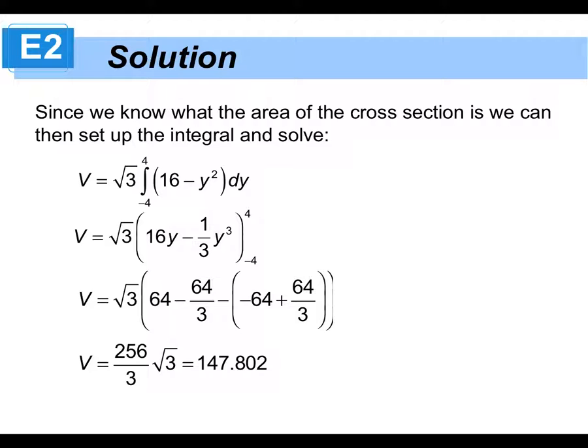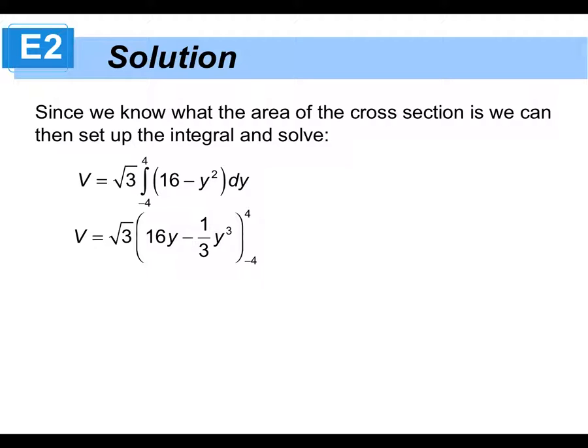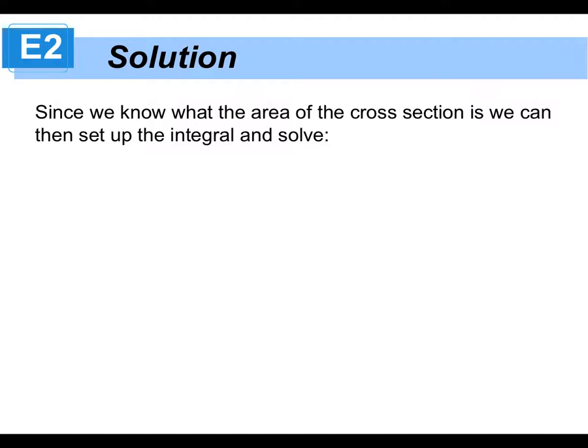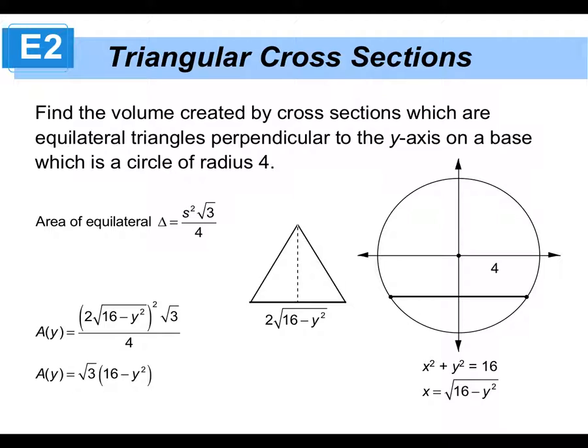Sid? Can you go to the back page? How did you get 2 square root of 16 minus y squared? It's the base of the shape, which is the same thing as the side of the triangle. Okay. So when you get x, how do you know where x is?